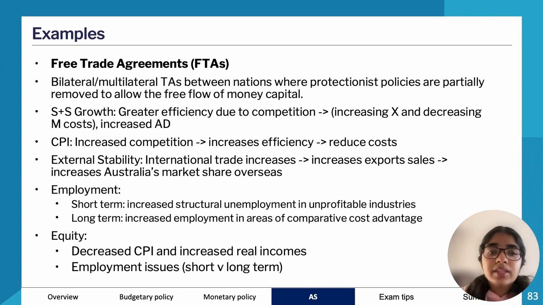And now they're really forced to be efficient and really forced to change the way they produce, be super productive so they can compete with the people overseas. But, okay, so they're supposed to be super efficient, they lower their production costs. Again, this is an ideal situation. Lower their production costs, make sure they produce more and more goods and services. This increases our aggregate demand because now things are cheaper, people are more willing to buy them.